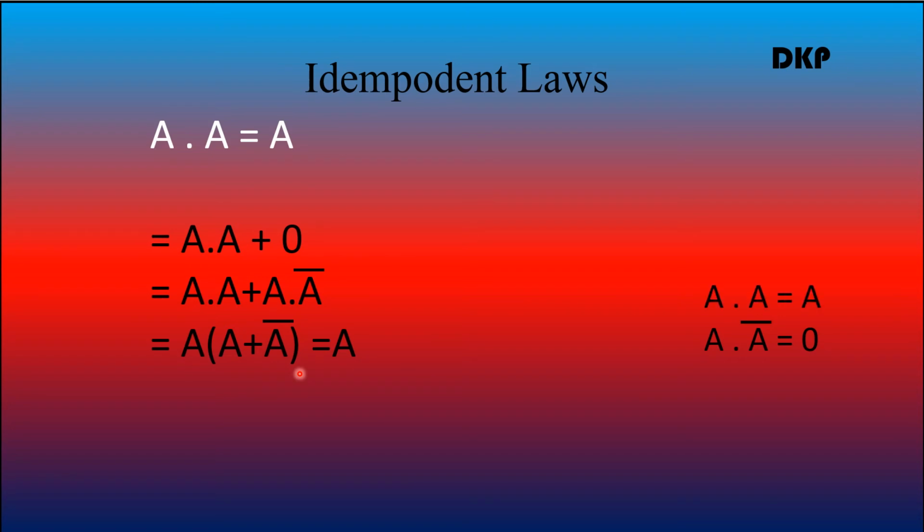What is A plus A bar? A plus A bar is equal to 1 and A dot A bar is equal to 0. So here A into A plus A bar is equal to 1, which is equal to A itself.